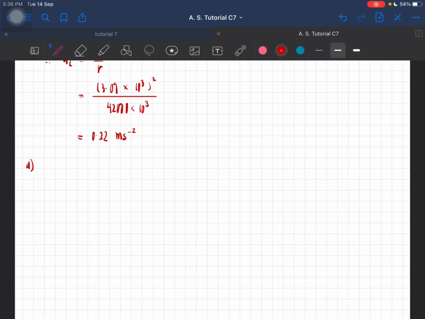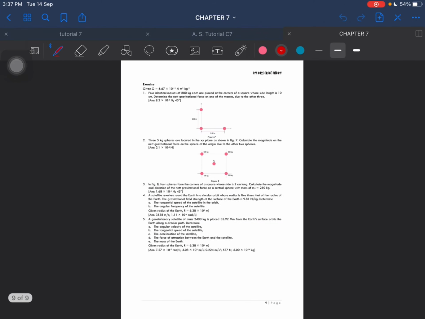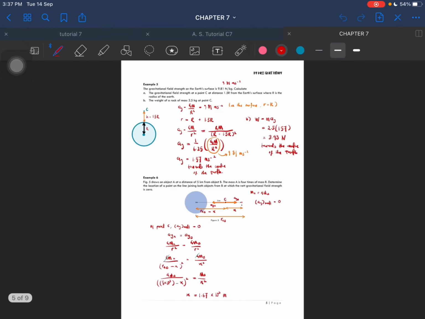Okay, for this one we know that delta U is equal to G, mass of the Earth, times the mass of the satellite, and then this one is R. Sorry, let me check.